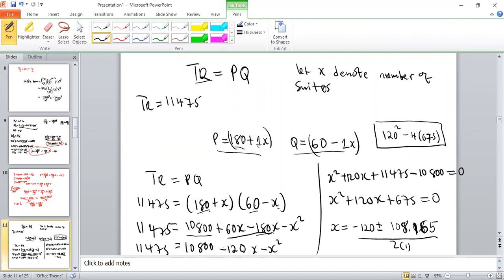So if we increase by 1, and the apartments are X, those that occupy the apartments will contribute 1 unit times X apartments. Then the occupied apartments will be 60 minus X.